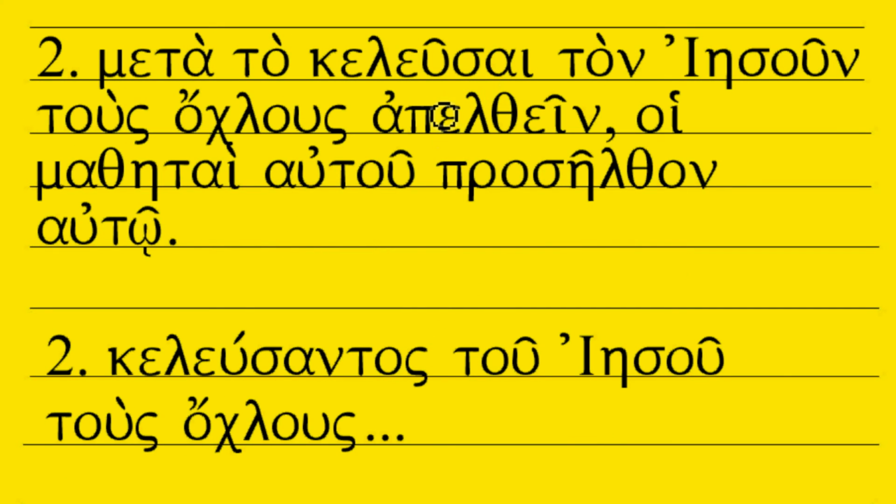Second exercise from Machen. After Jesus had commanded the crowds to go away, his disciples came to him. So again, we can do this using either the infinitive or the participle. I've given you both here. We'll start with the infinitive because that's the new information we have in this chapter.